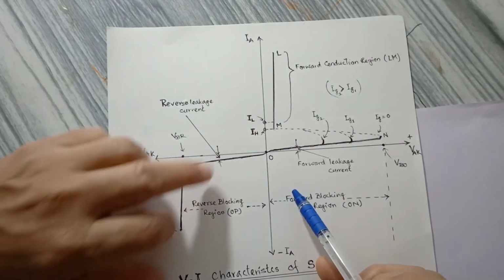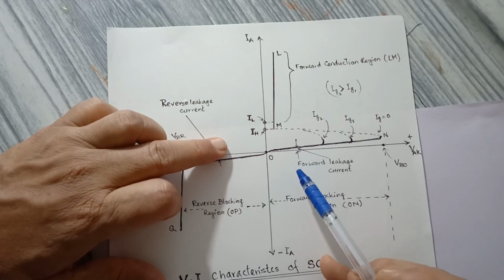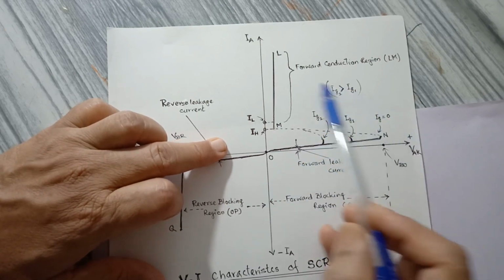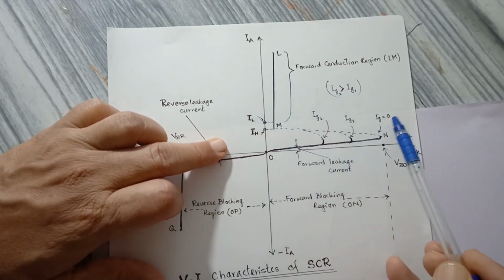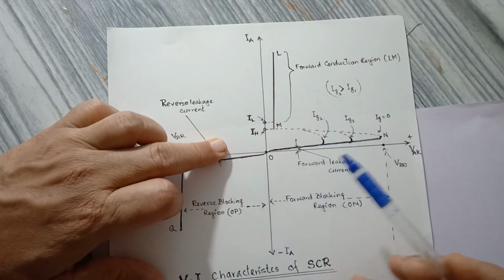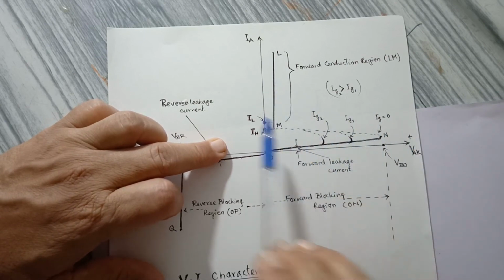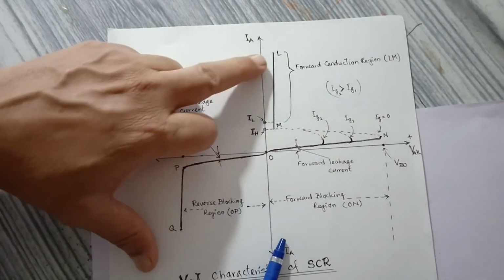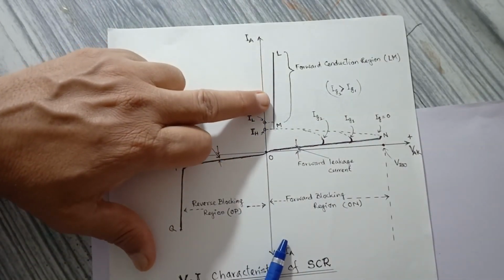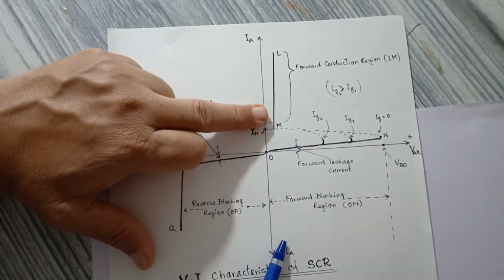The other thing is, suppose the SCR is in the on state, it is conducting, and you open the gate, and now reduce the anode voltage such that the anode current begins to decrease. The anode current will decrease, and you see that the SCR is still on.